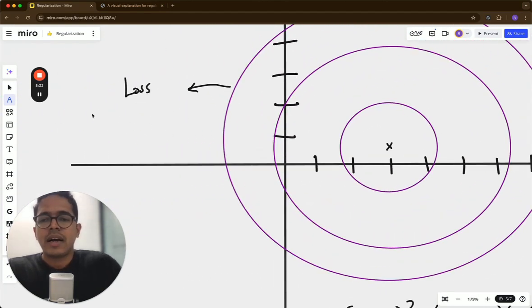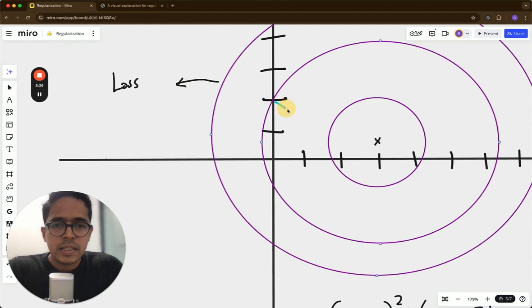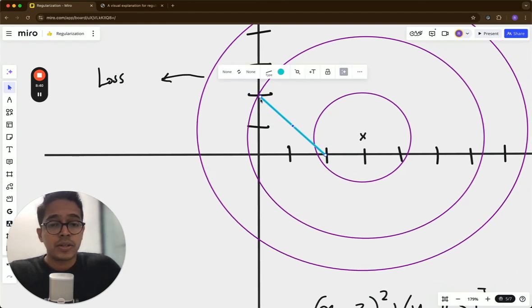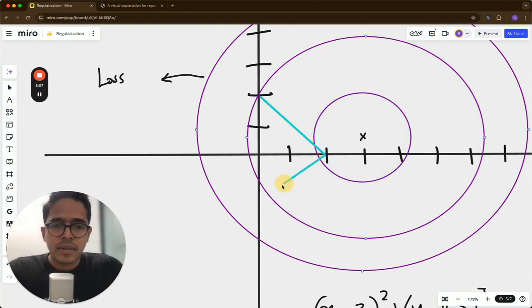We can draw a graph that looks like this. For all these points, |x| + |y| is equal to 2, because here y is equal to 2 and x is equal to 0. Here x is equal to 2 and y is equal to 0. For all these points, you have |x| + |y|, or x + y, because these are all positive numbers, equal to 2. You can also have another line like this.